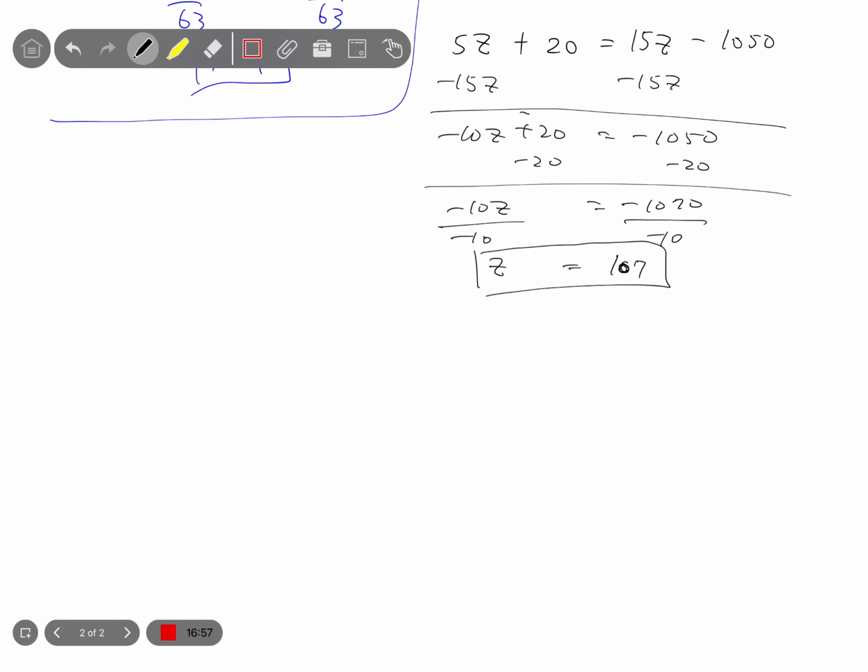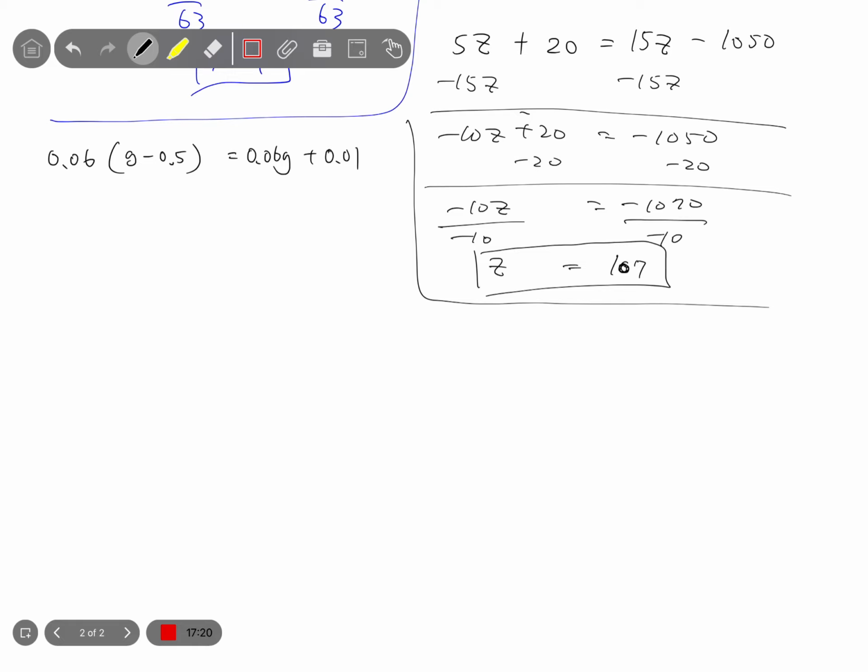All right, third problem we have here is 3c. You have 0.06 times g minus 0.5 equals 0.06g plus 0.01.